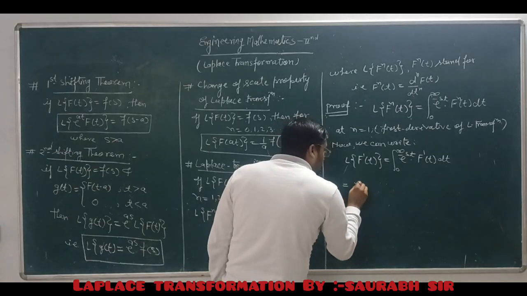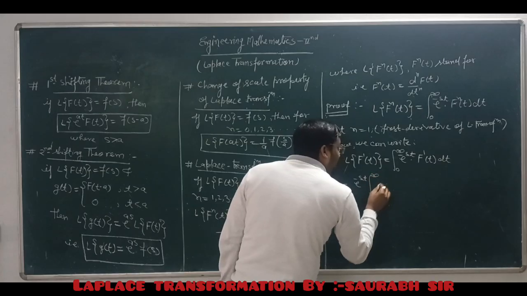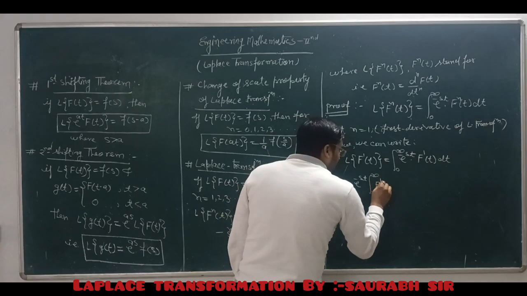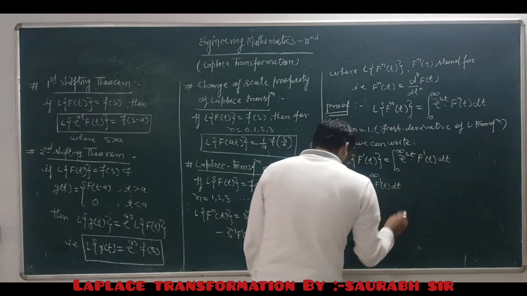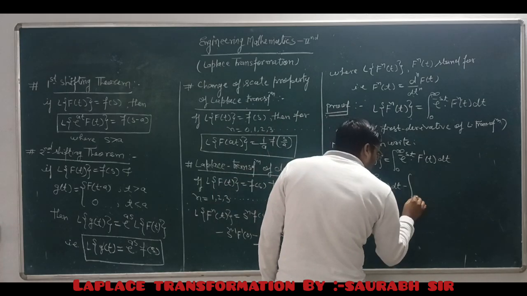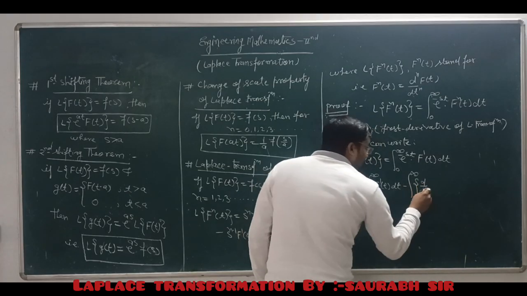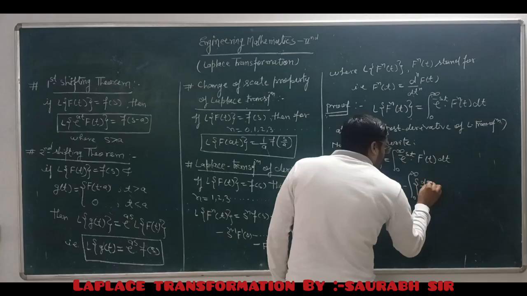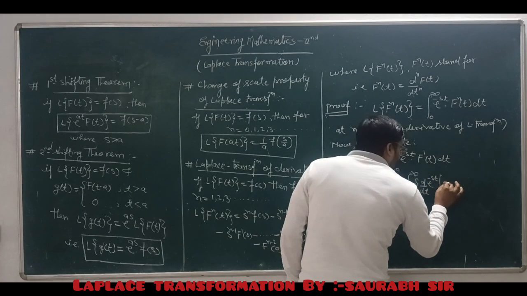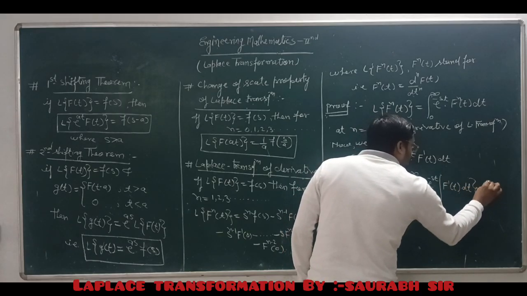Now note down: e^(-st) integral from 0 to infinity of f'(t) dt minus integration from 0 to infinity of the bracket of the differential of the first function e^(-st) and the integral of the second function f'(t) dt, bracket close, into dt.